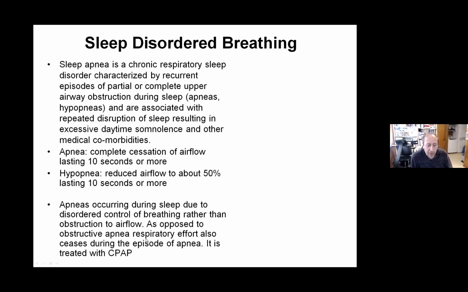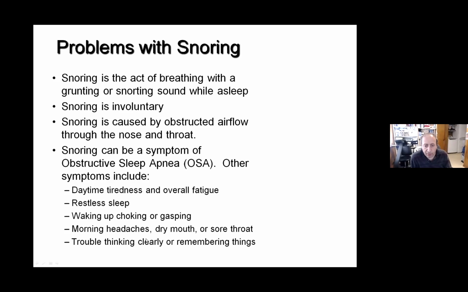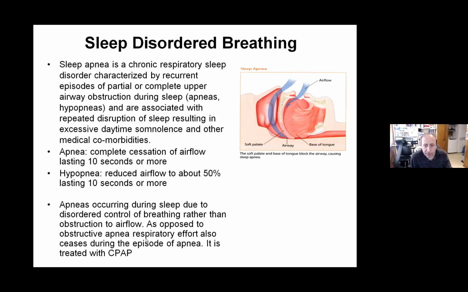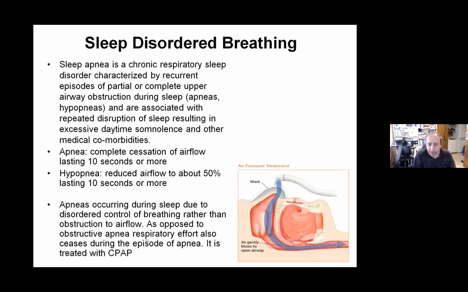The way it's treated is called CPAP, continuous positive airway pressure. This is a mask that's put on the nose, and it applies positive pressure continuously to help with obstruction.